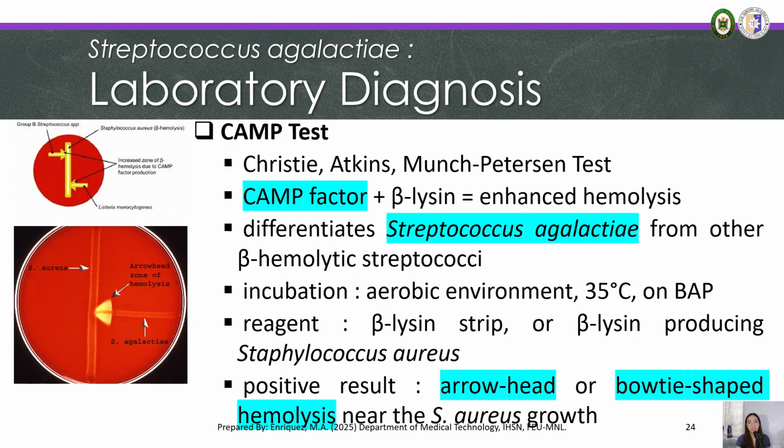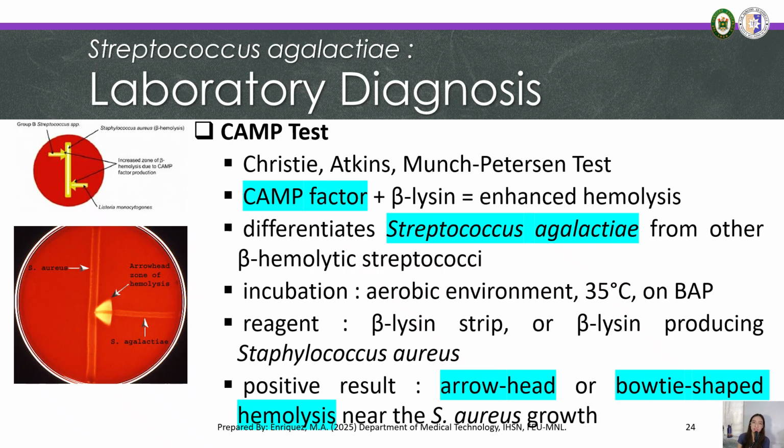So what we're going to do here is streak the suspected group B strep isolate perpendicularly to the Staphylococcus aureus streak. All right. So a positive reaction is indicated by a bow tie or arrowhead zone of hemolysis that is adjacent to the area where the two streak lines meet, as we can see right here in this example.